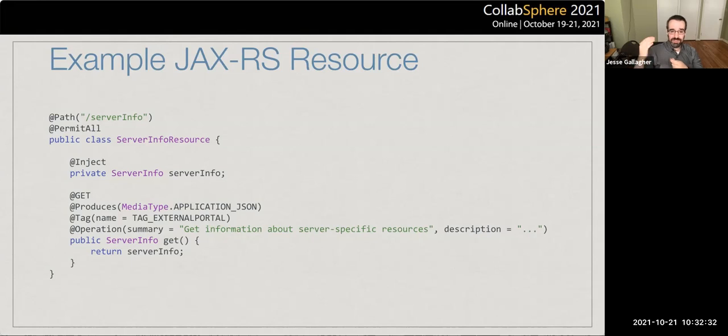If we had arguments, you'd be able to document those and provide descriptions and examples and things like that. And then these annotations are pulled in during the OpenAPI generation, so that when we're built, we end up having a ServerInfo resource, and we can say that it's in the external portal category, and it has this summary, and then the description is actually filled in the app, and we can have other stuff. And so it's part of the human readable documentation, and then we just write it in this method.